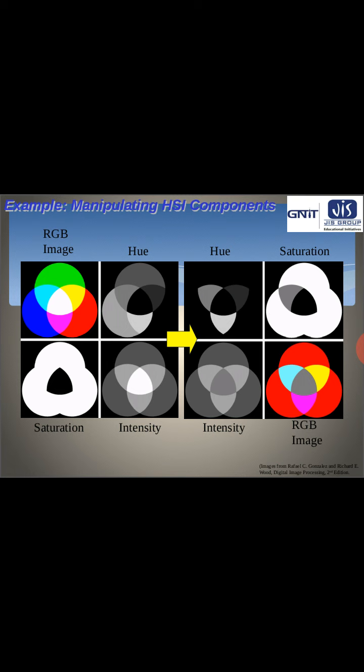The equivalent hue, saturation and intensity of the RGB image are given in the left side images. After a little manipulation of the hue, saturation and intensity, we can easily see the difference between the first image's hue, saturation and intensity and the second image's hue, saturation and intensity.